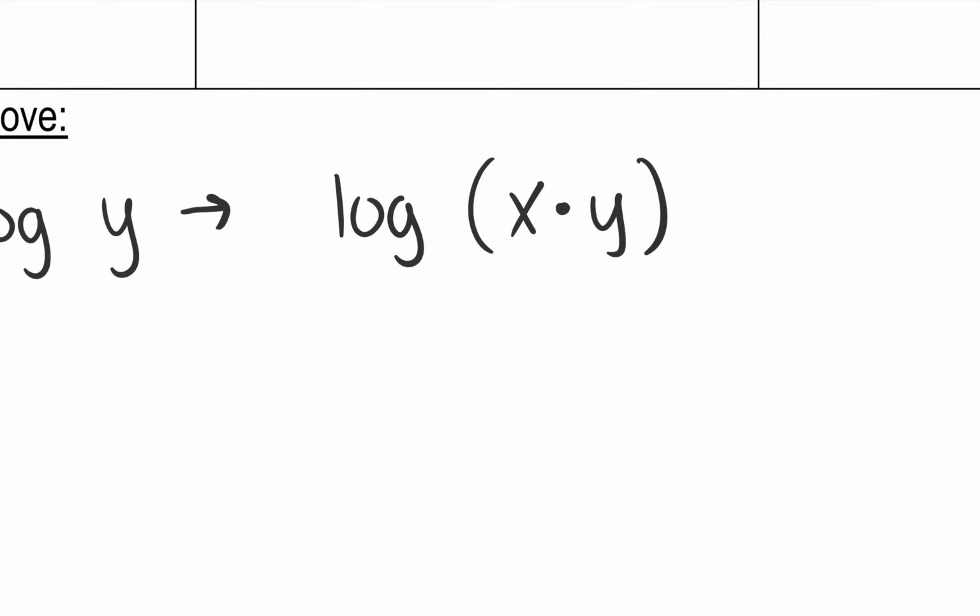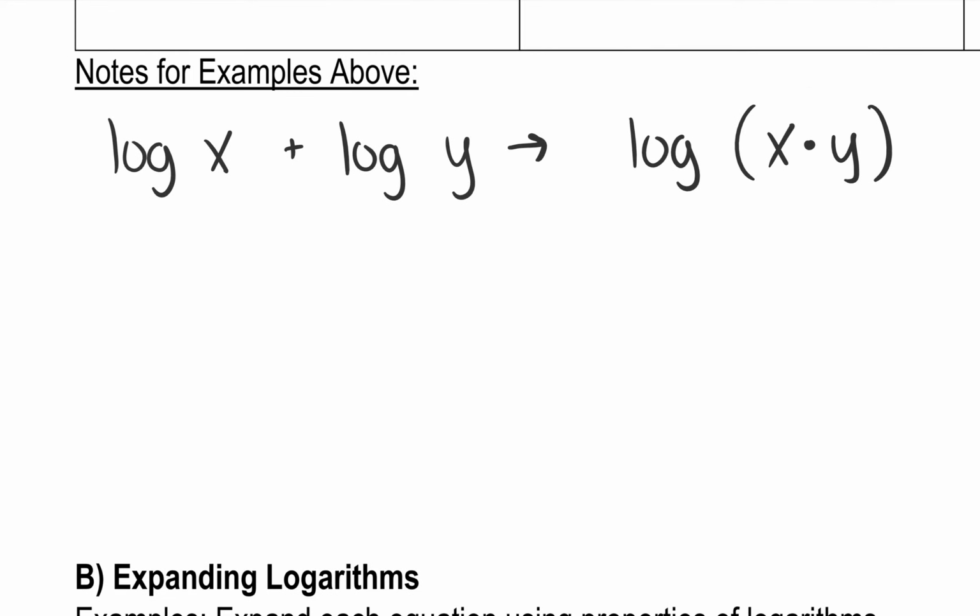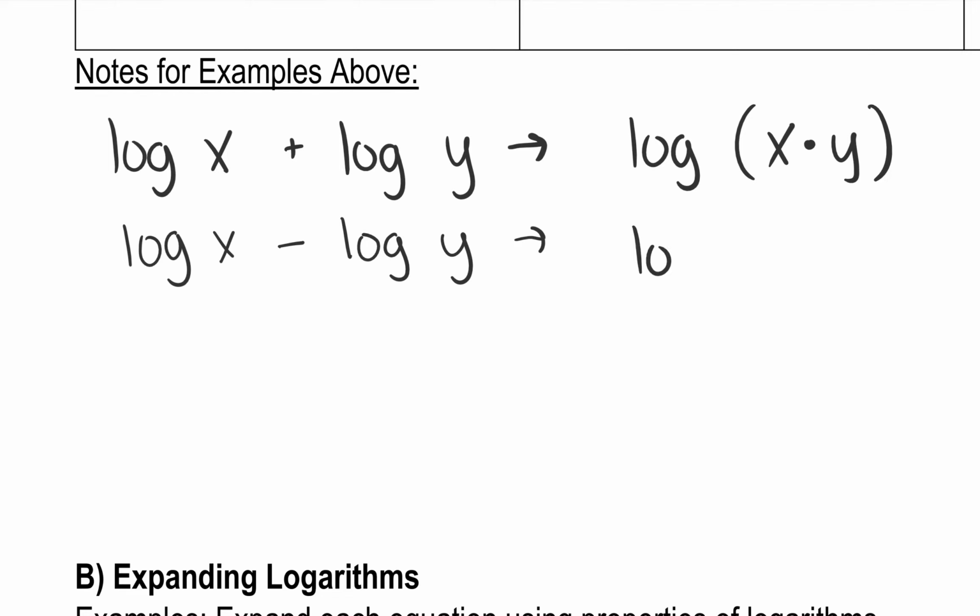So if I add logs, I just multiply the numbers into one log. If I have log of some number minus log of another number, you probably guessed it, I would do log of the first number divided by the second number.